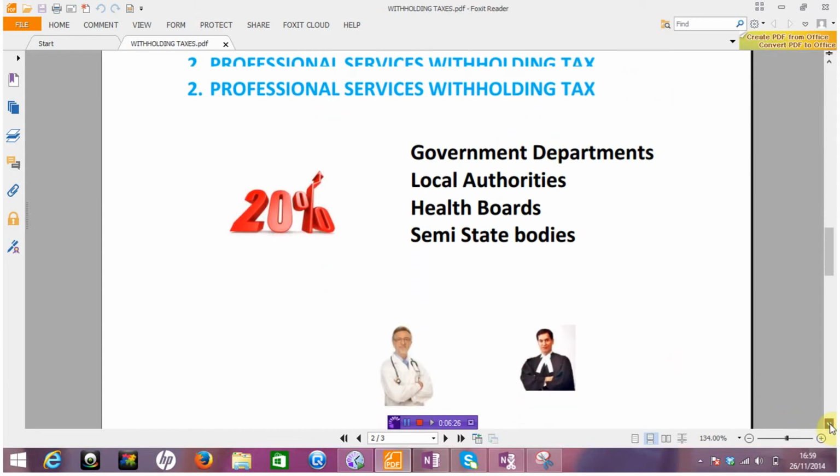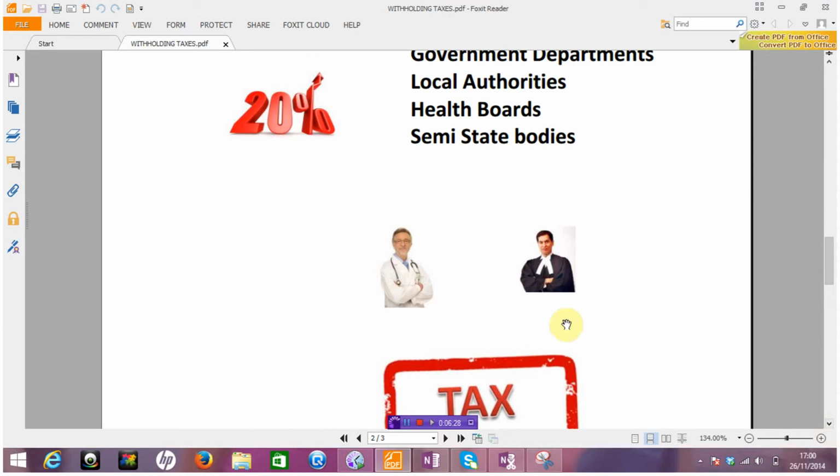So in terms of the areas, I've just picked out a couple for you here. There are a variety, but in essence, just think professionals, doctors and lawyers, but you'll also have accountants, perhaps engineers, architects, etc.